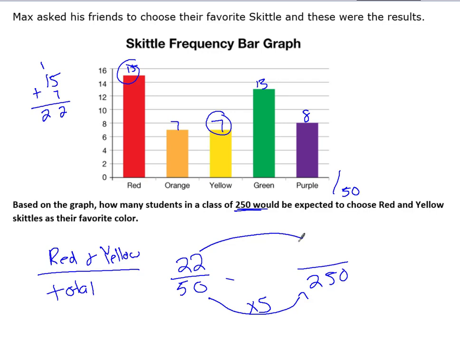So my scale factor is times 5. So 22 times 5, that is 110 students. So out of a class of 250, 110 students would choose red and yellow as their favorite Skittle.